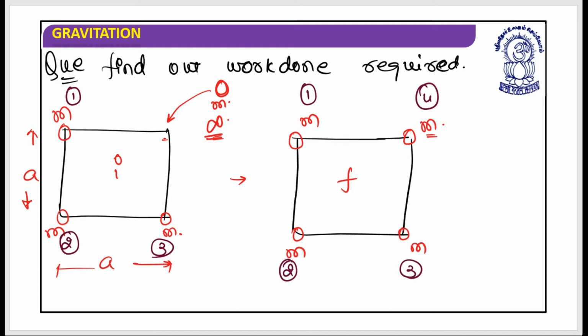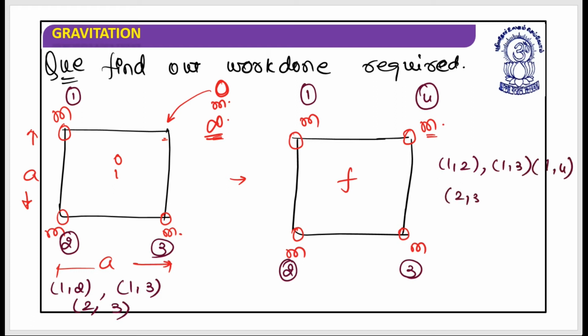So first I need to create pairs. For the initial configuration the pairs are 1 comma 2, 1 comma 3, and 2 comma 3.